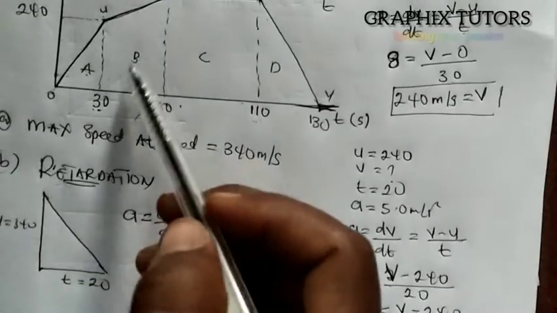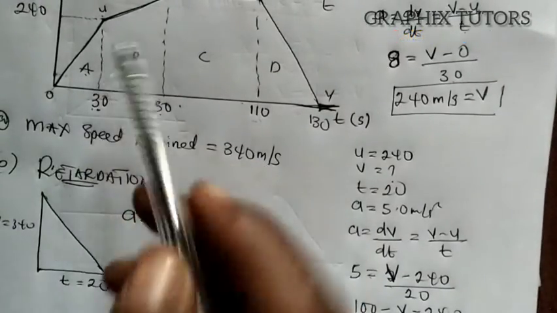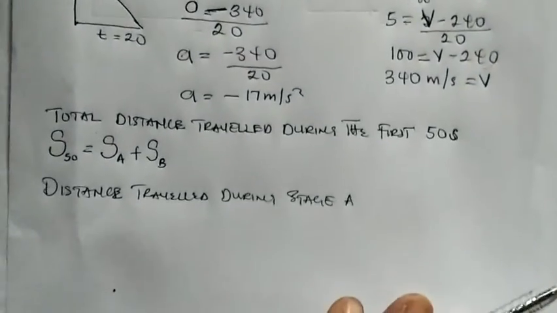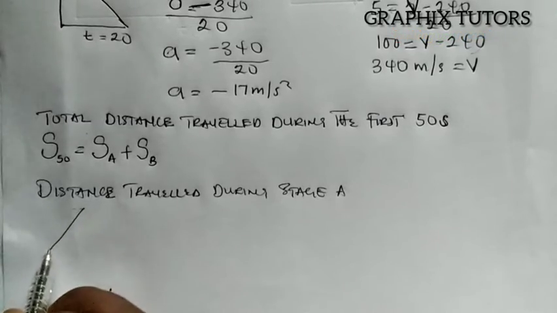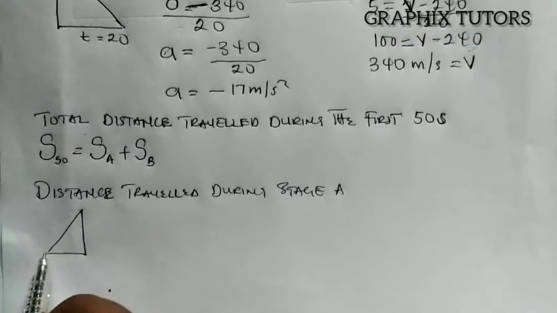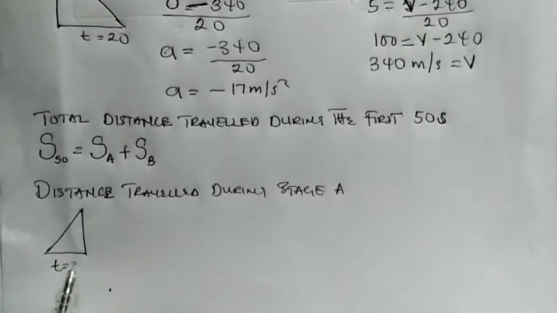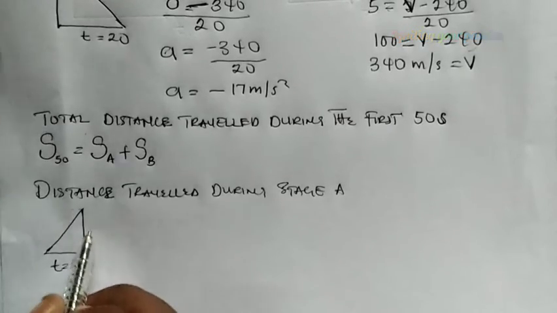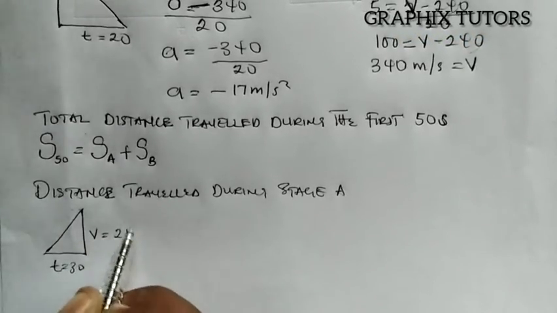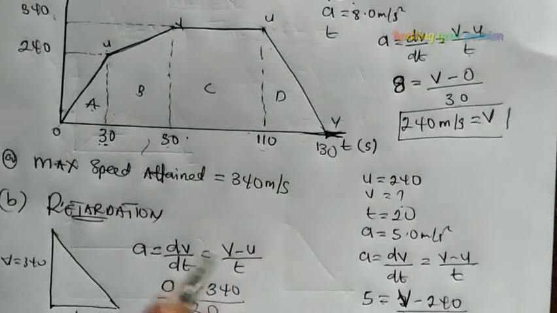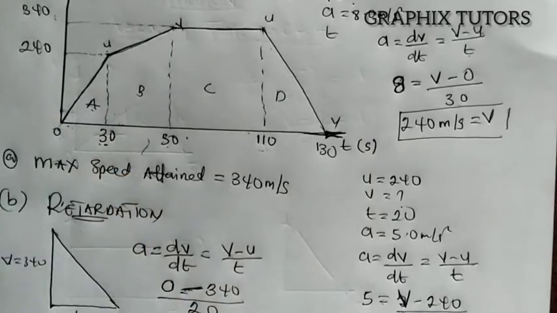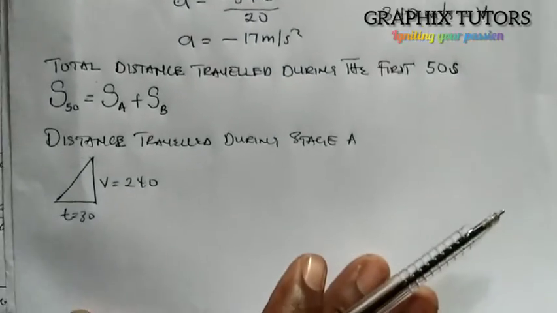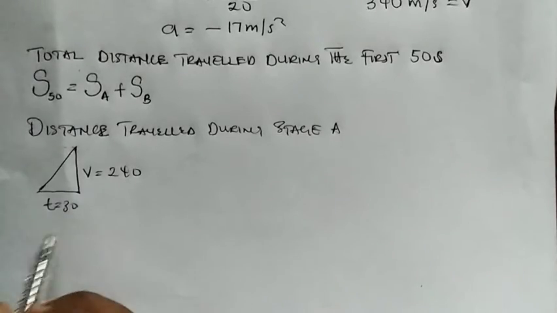Look at this, stage A is forming a triangle. So I'll come here, I'm going to put it that way. So my triangle is something like this, right? So the T here is given as 30, and the V here is given as what? 240. So you check that very well. The T here is 0 to 30, and the V here is what? 240. So we'll move forward. So we know that the area is the distance.